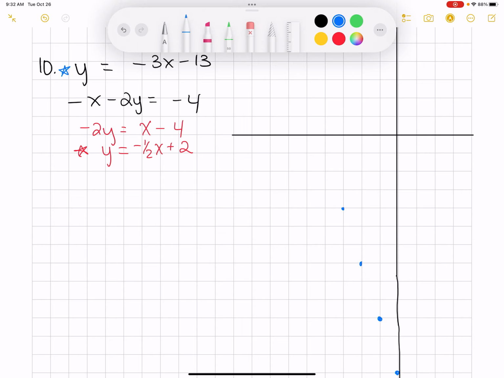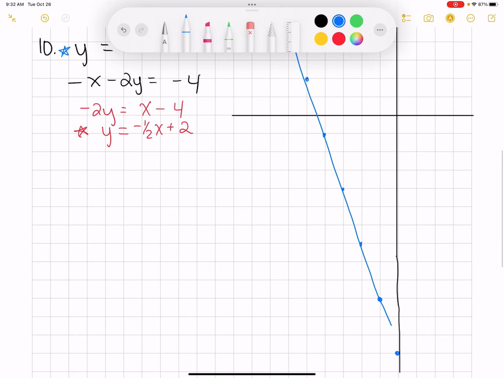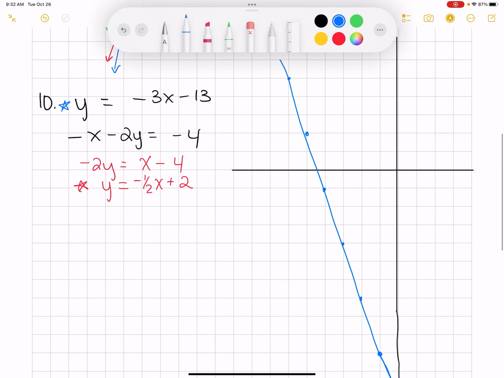I'm going to plot a lot of points because I don't know where it's going to intersect yet, and then I'll connect them as best as possible. Okay, it's as good as it's going to get. We're going to hope that somewhere in that range I have gone far enough.